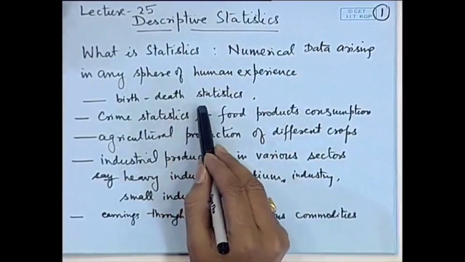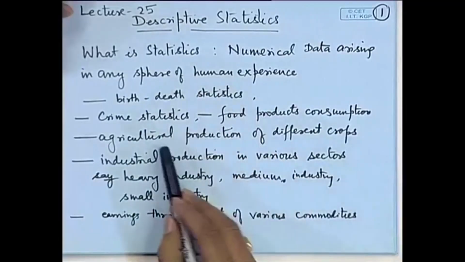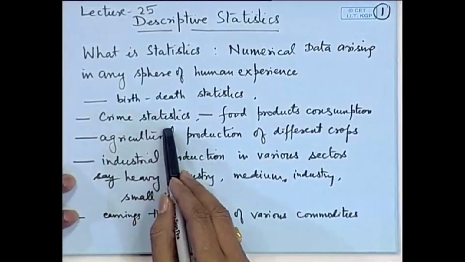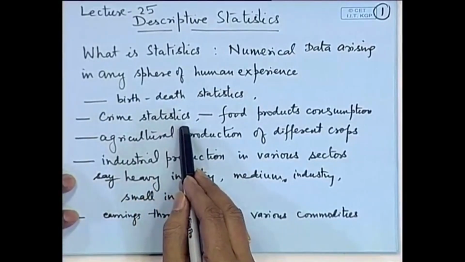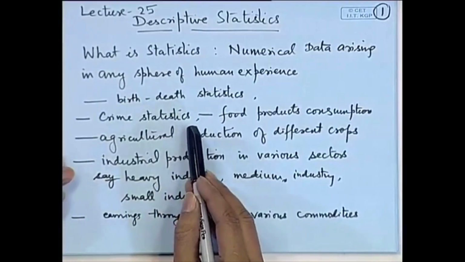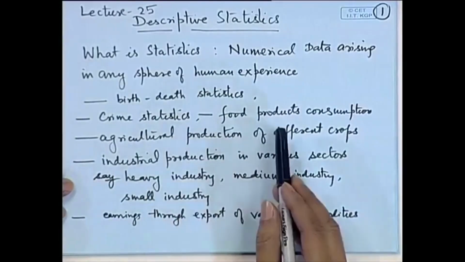So, this data represents birth and death statistics. Every state or town or police station keeps the record of crime statistics, that is the number of crimes committed under various categories during a given period.